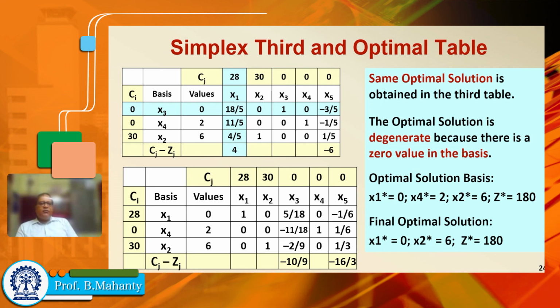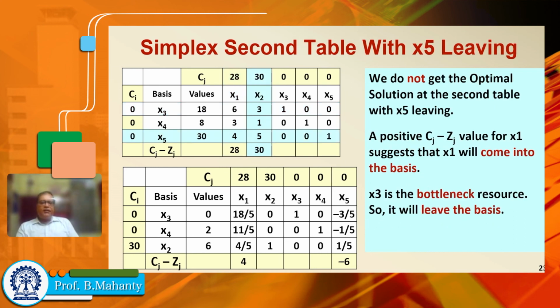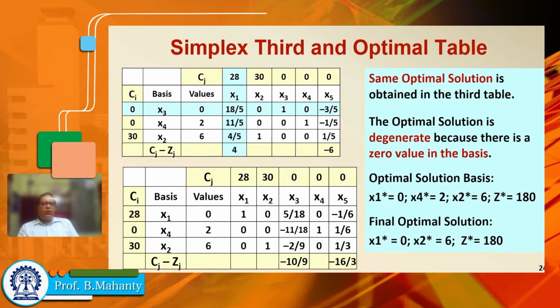Interestingly, if you observe from the previous table, something very interesting happens. In the second table itself, we got a solution x1 equal to 0, x2 equal to 6. And in the final table also x1 equal to 0 and x2 equal to 6. So although we have made one more iteration, by making more iterations we have really not improved our solution. Is it not?